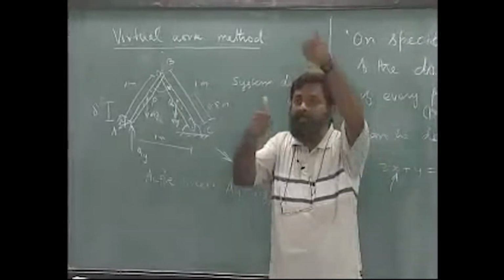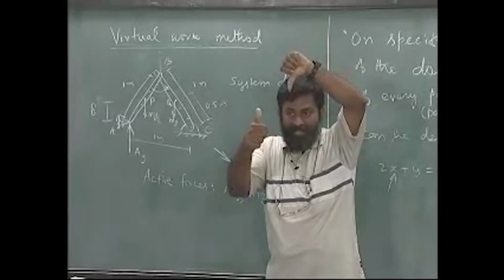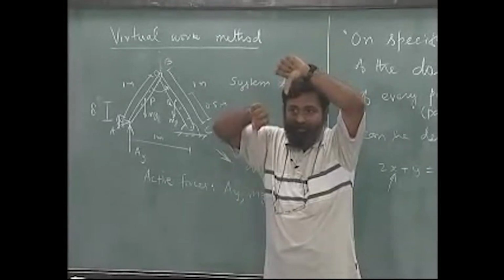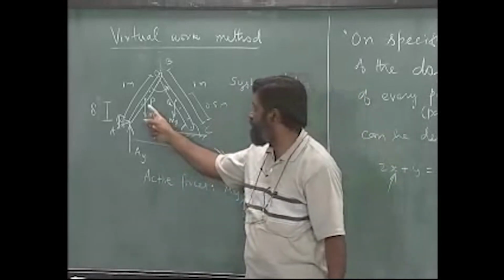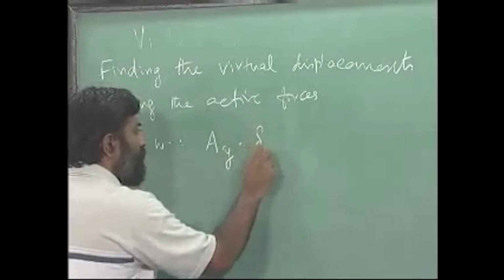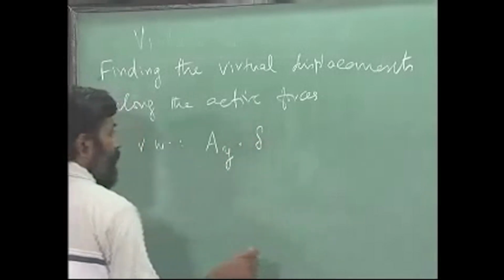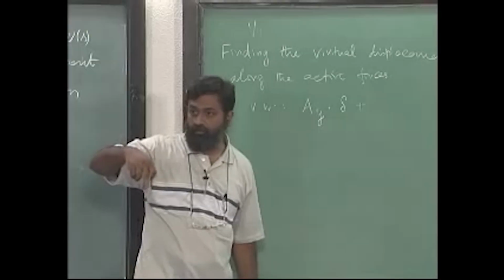If they are along the same direction, it is positive. If they are opposing each other, it is negative. So, this is something we have to understand. First let me write down the virtual work due to Ay, then I have mg acting downward.